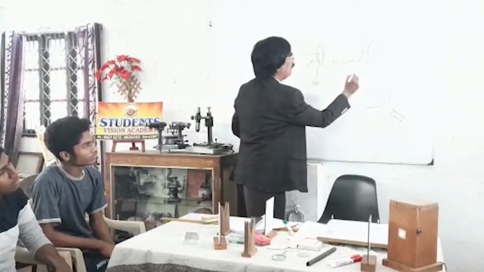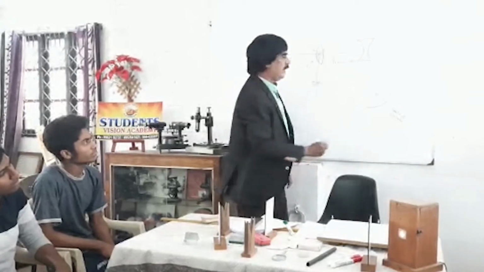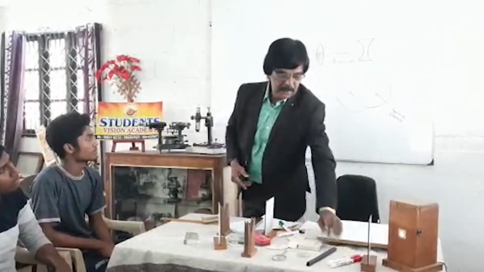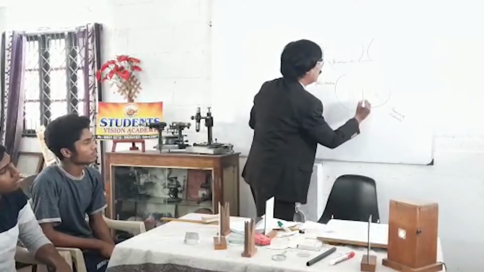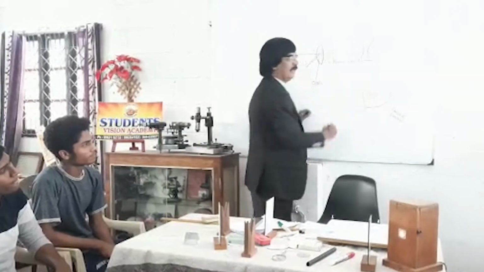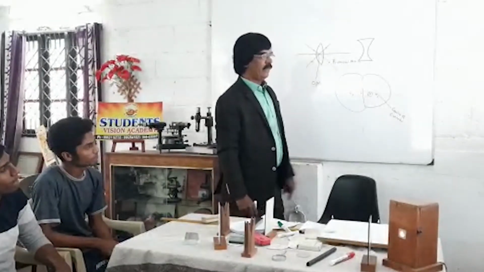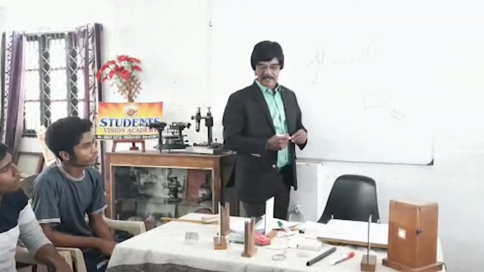Same thing, if I complete this circle, here comes what? Center of curvature. You can have this as C1, C2. And this is the optic center, and this distance is R, radius of curvature. Is it not? So this is radius of curvature. These are all the parameters of a convex lens.